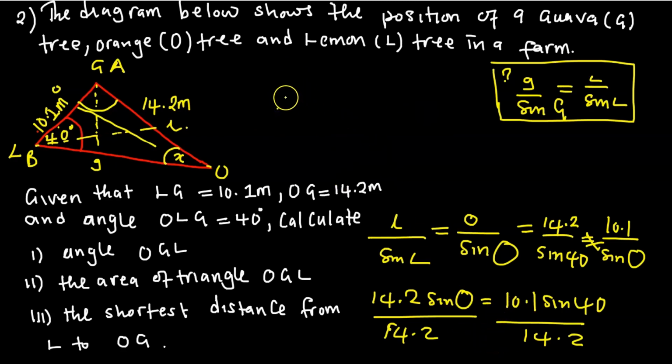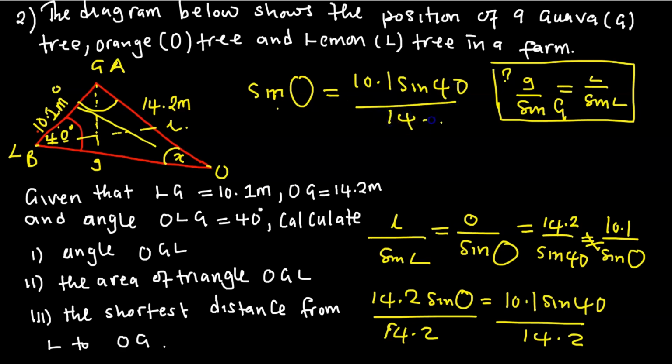If you divide this side, you're going to have sine O equal to 10.1 sine 40 divided by 14.2.